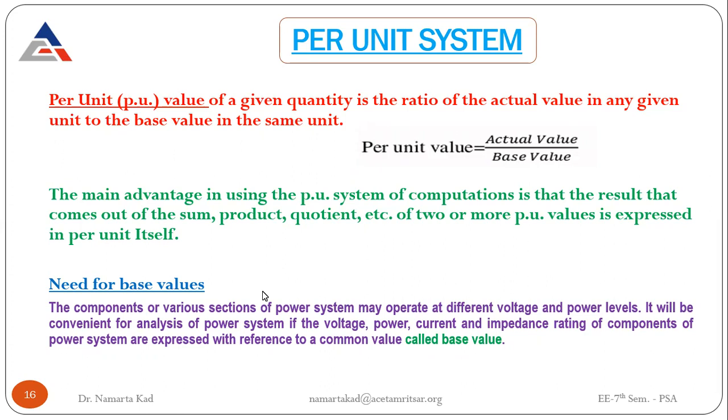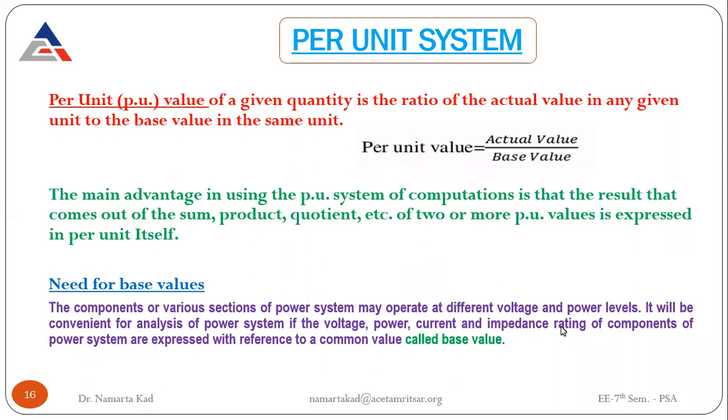Or sometimes we select the base values in sections also, like we divide a particular power system or substation into two or three different sections, and we set the base value for section 1 somewhat different from the base value for another section.